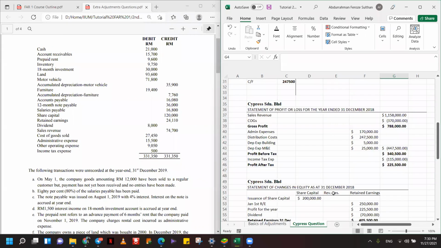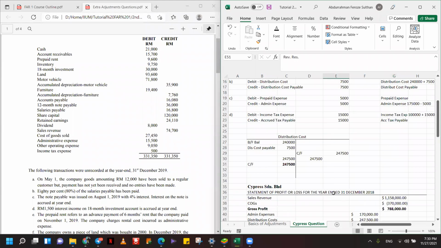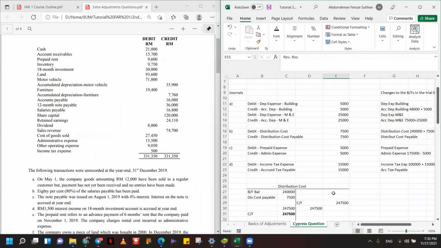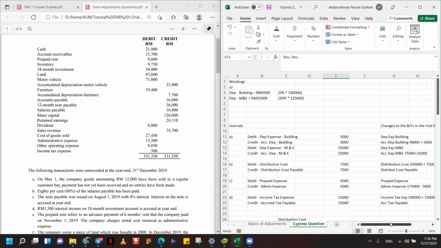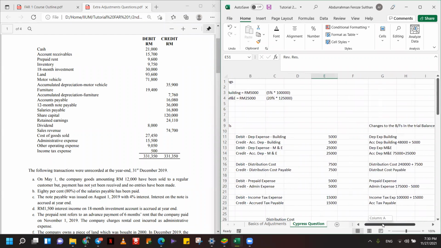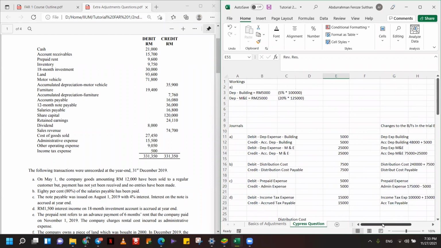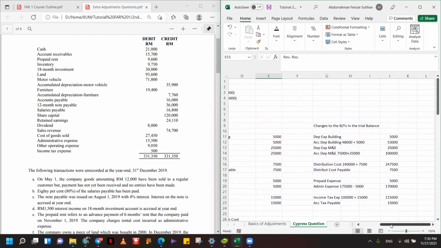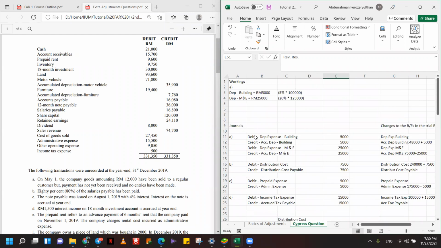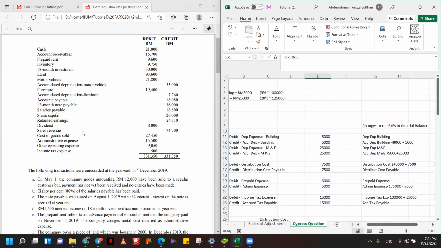So you would debit land and you would credit revaluation reserve. And once you do that, you add it to the changes you make, just the way we made the journals here. Debit land, credit revaluation reserve, and then in the changes you put land over here.